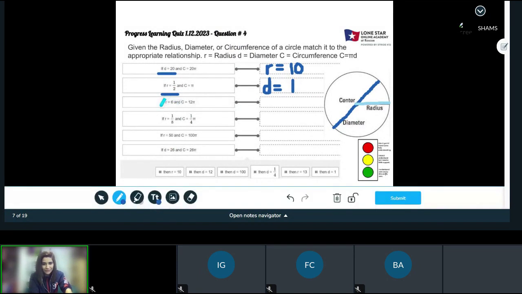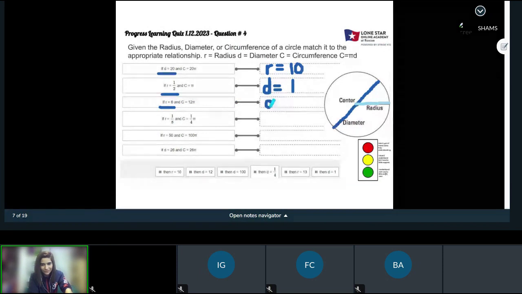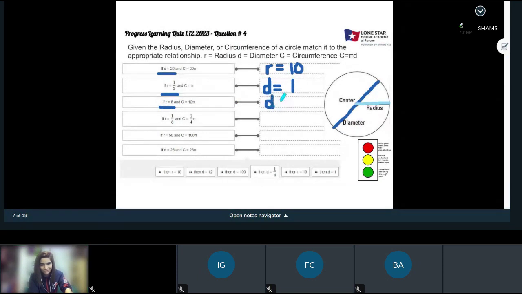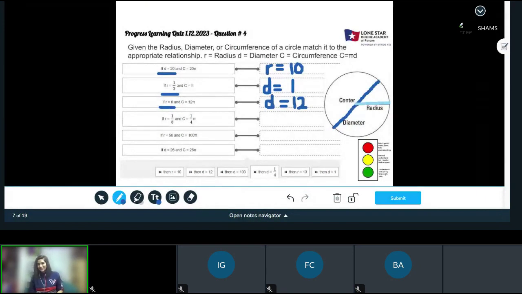If radius is 6, diameter is 2 times radius, right? Then diameter is how much? 12. Questions, concerns? A whole pie and a whole. That's all.